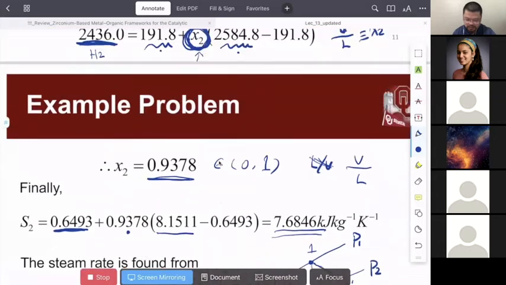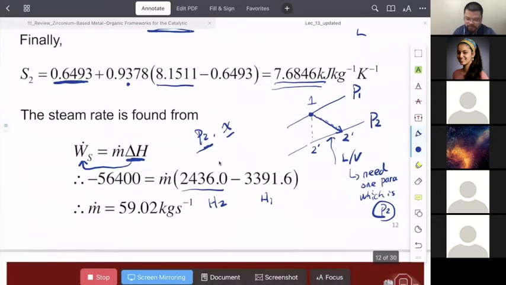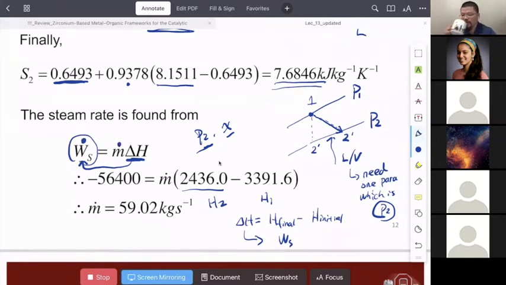Is that correct? Yes. This is delta H, always H final minus H initial. And we are going to convert that part into the shaft work. If you are interested in the shaft work rate, then you need to multiply this by the mass flow rate. Okay, any problem on this one?